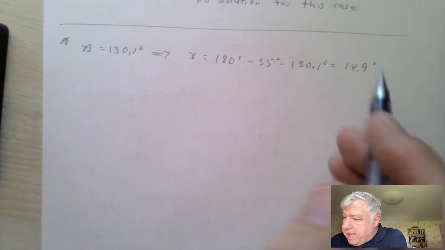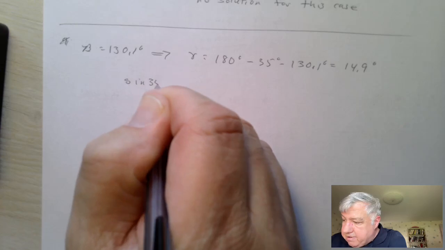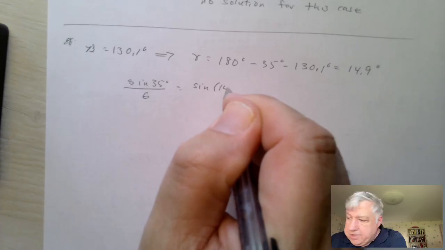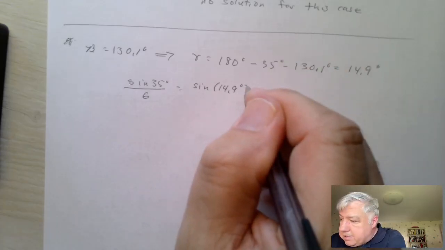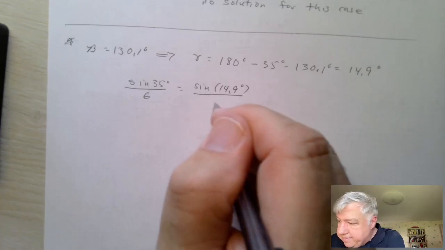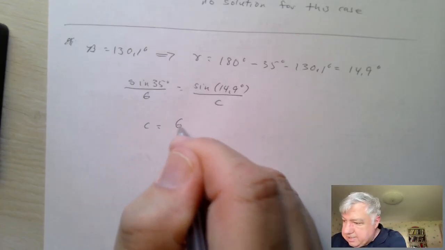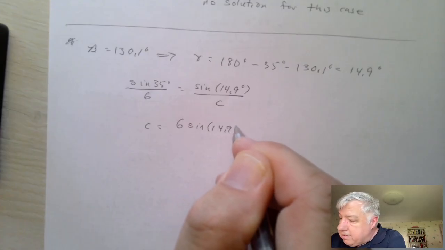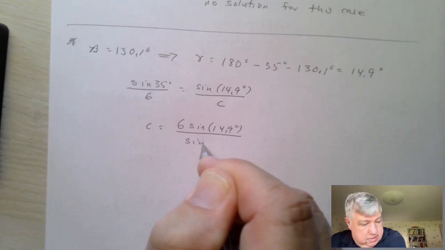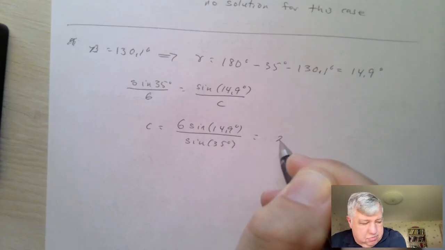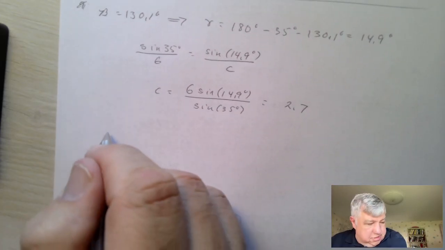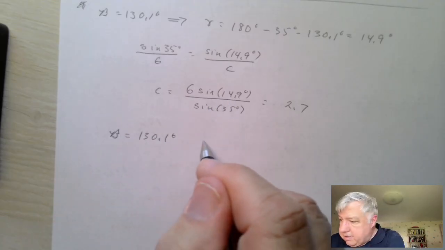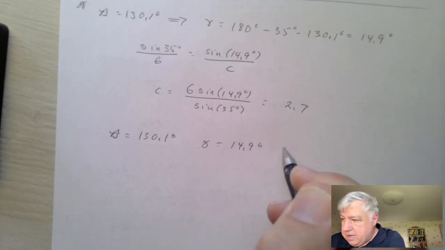Now we can find the sine of 35 degrees divided by 6 is equal to the sine of 14.9 degrees divided by c, and then c will be 6 times the sine of 14.9 degrees divided by the sine of 35 degrees, which is 2.7. So we get another solution: beta is 130.1, gamma is 14.9, and c is 2.7.